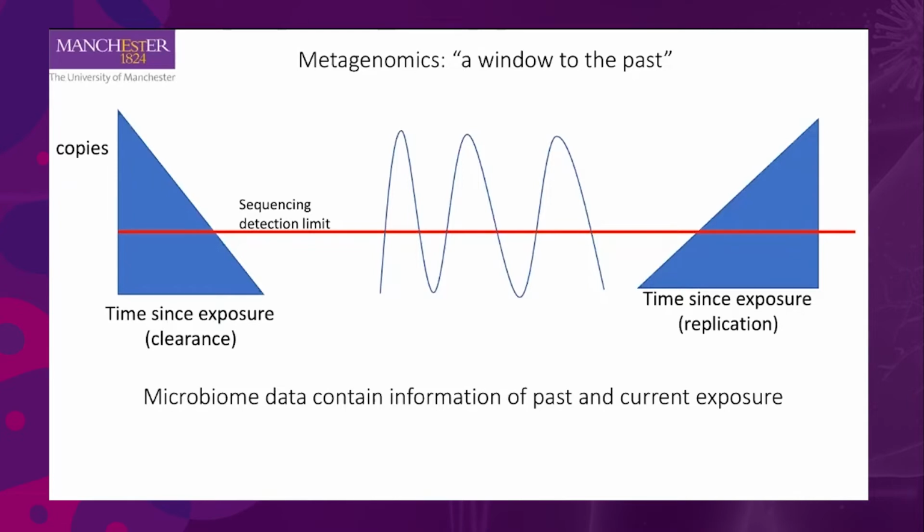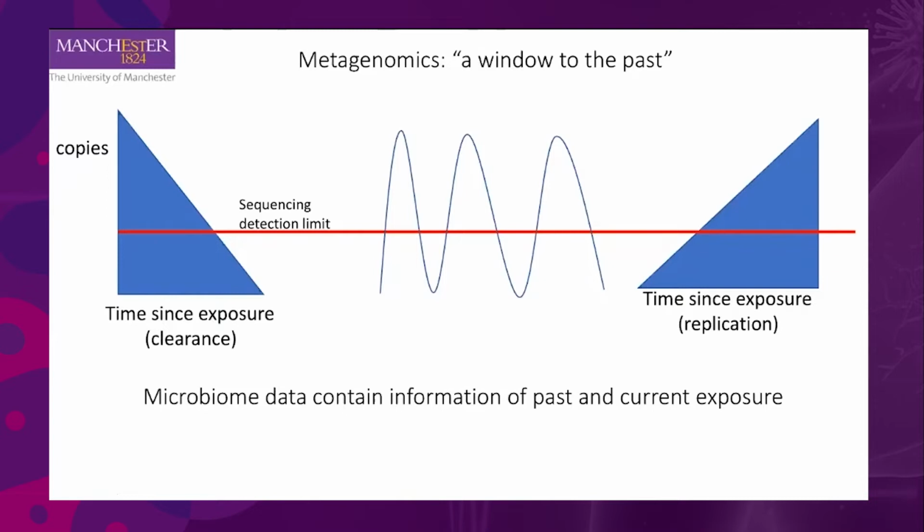For example, in the first case, we might have a microbe that is being cleared from the system, and it's quite possible that at least in the beginning of this process, we will be able to pick up some quantitative data out of it.